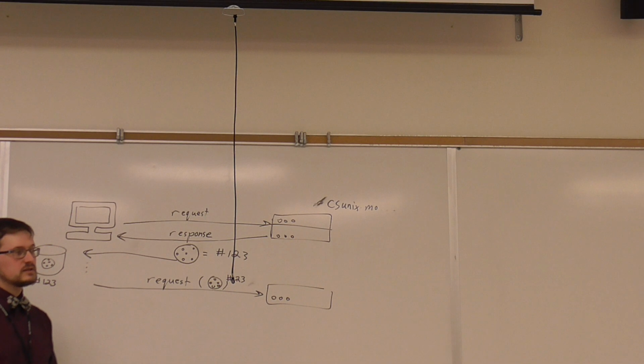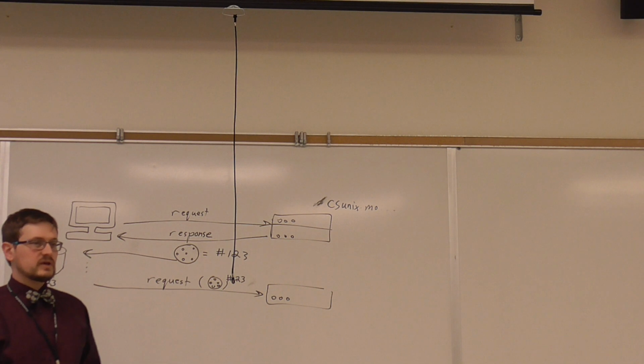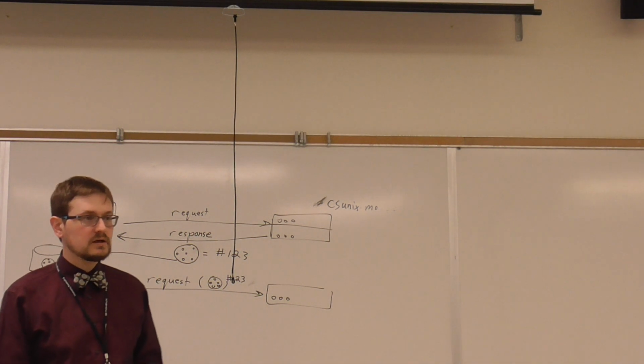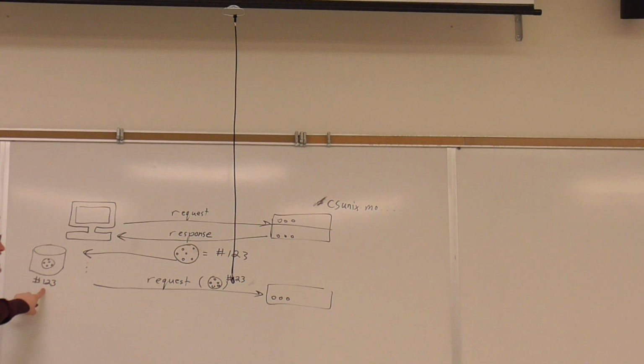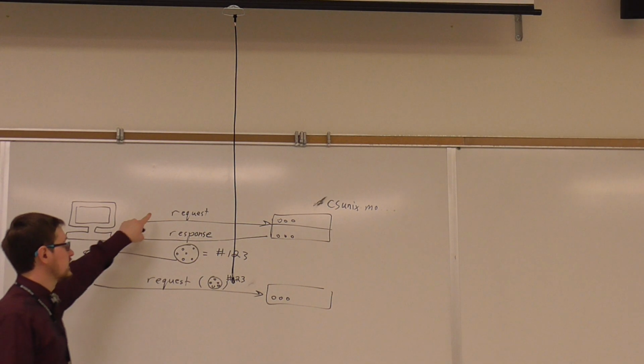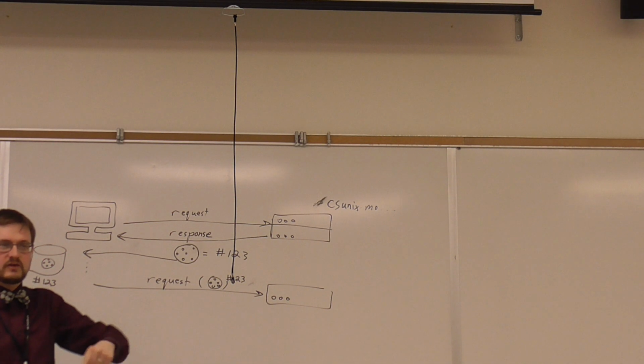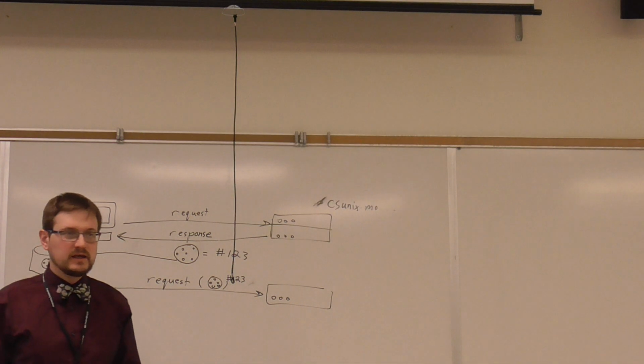There's lots of different ways this is used. Next week we're going to study sessions. Basically, this is how a login session is maintained, despite the fact that each request could be coming from anywhere and anyone.